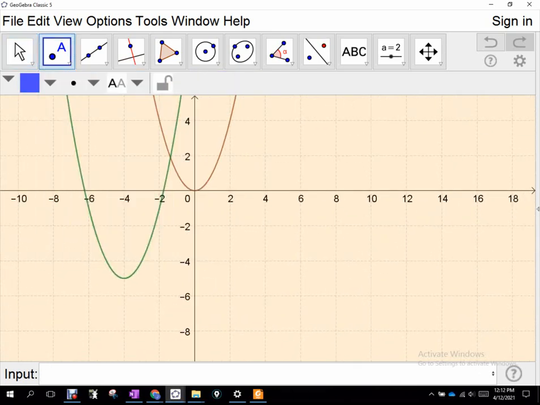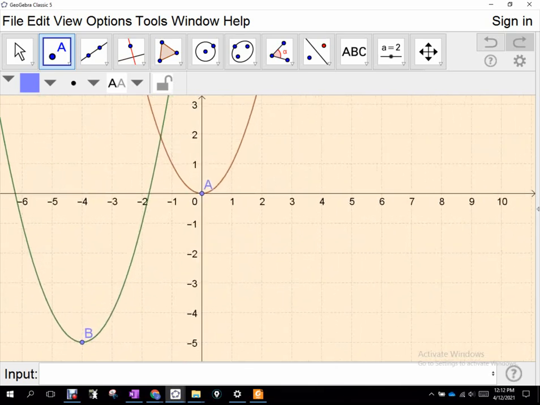Would you guys agree? So we don't have corner points or vertices. We have one vertex, that's called a vertex right there. Would you guys agree that if I moved to the left 4 and then down 5, it gets me to that point right there?